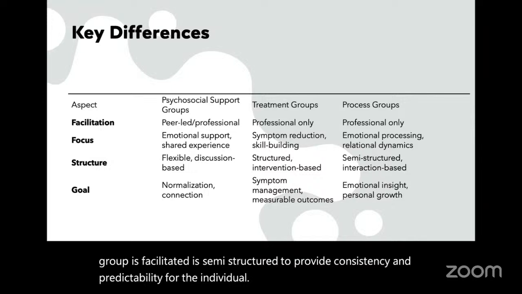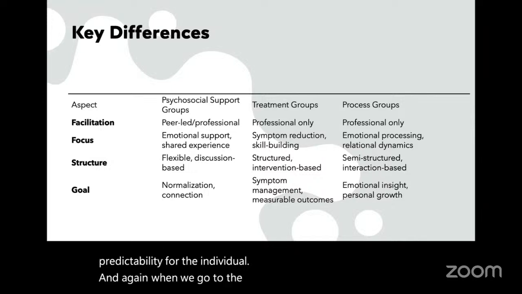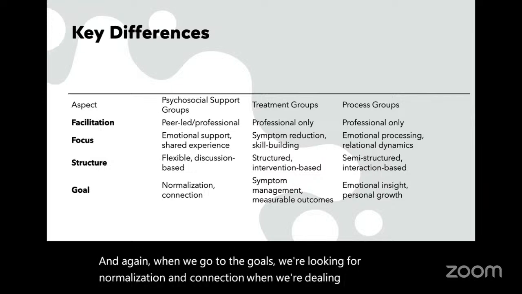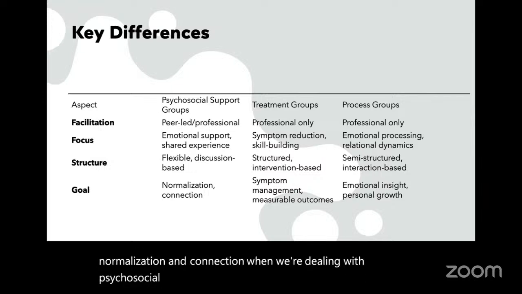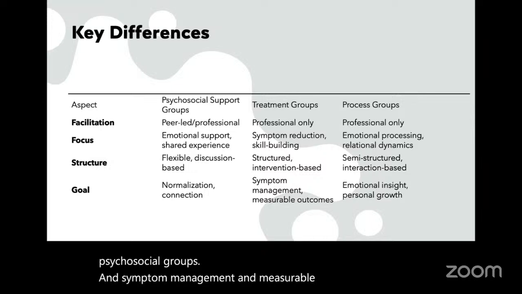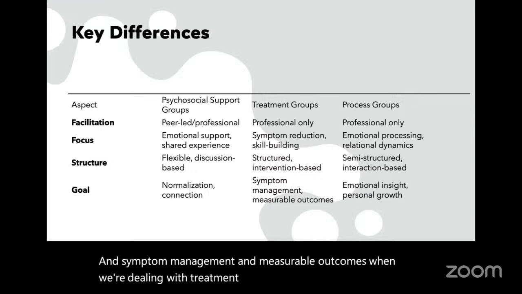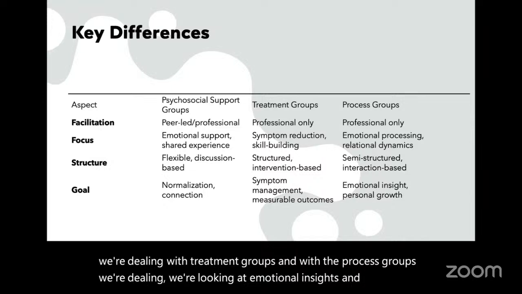And again, when we go to the goals, we're looking for normalization and connection when we're dealing with psychosocial groups, and symptom management and measurable outcomes when we're dealing with treatment groups. And with the process groups, we're looking at emotional insights and personal growth.